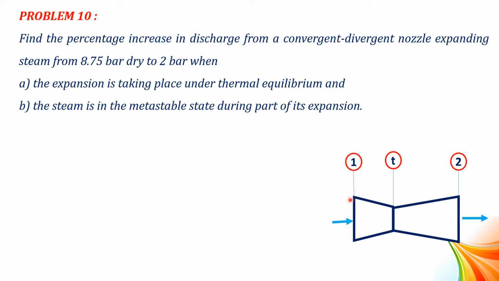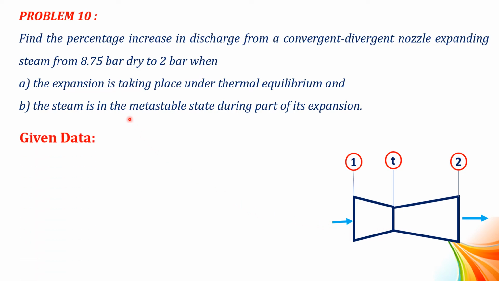We all know this is a convergent divergent nozzle. So in this nozzle, at the inlet to throat, the area decreases uniformly. From throat to exit, the area increases gradually.